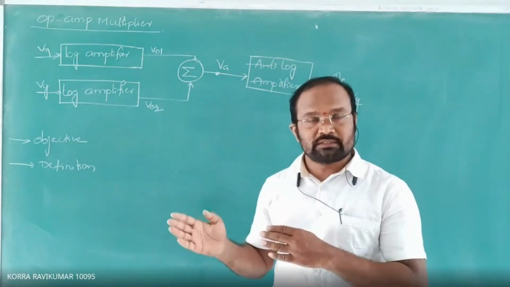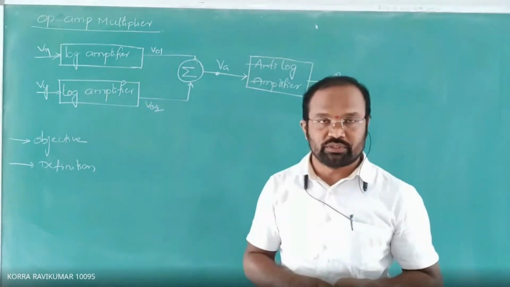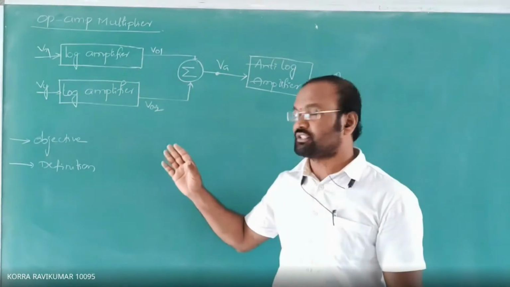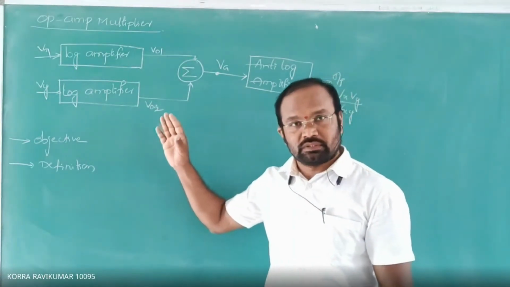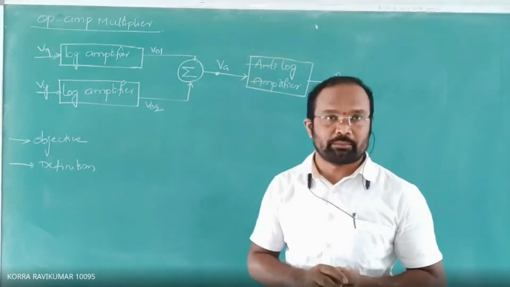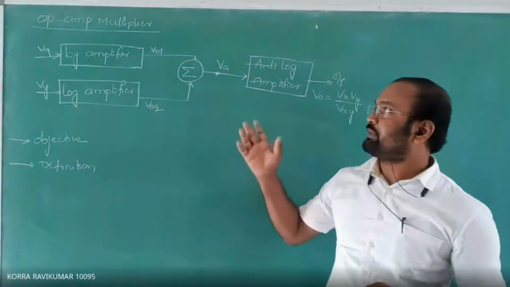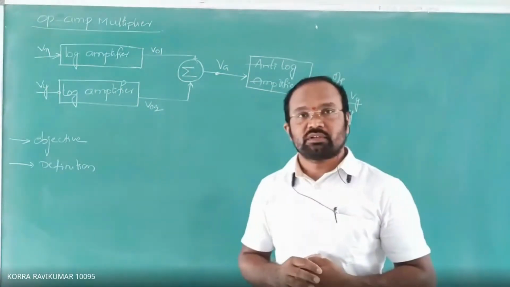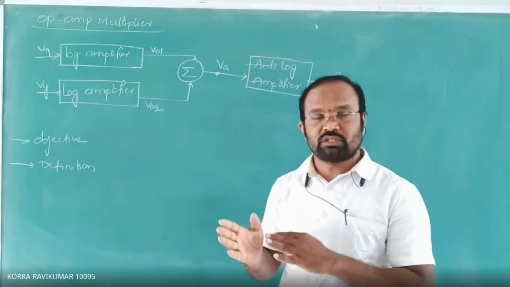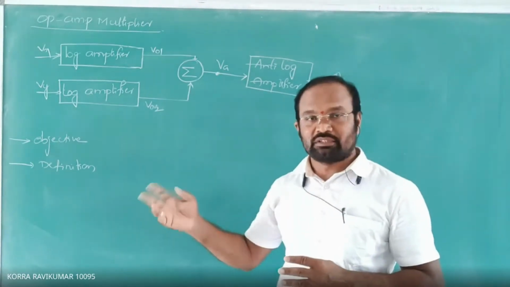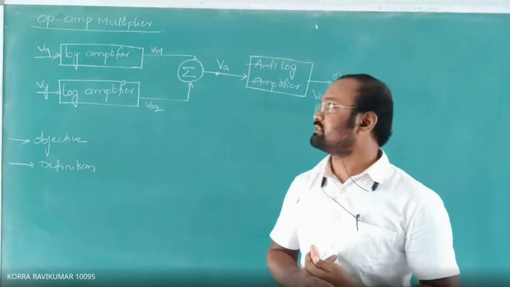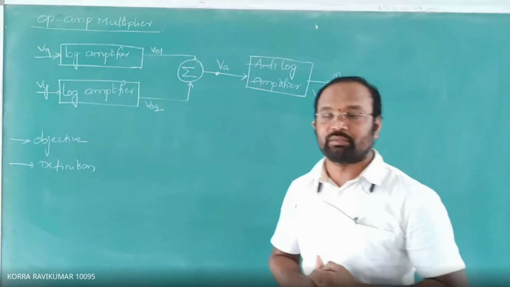Its output is directly proportional to the multiplication of the amplitudes of the input signals which are applied at the input side of the op-amp. That is the definition of multiplier.